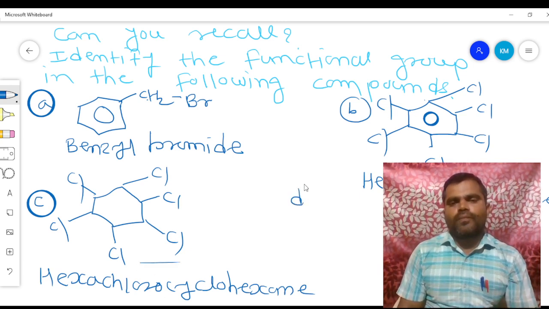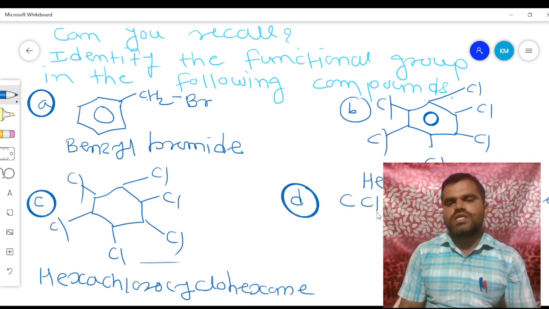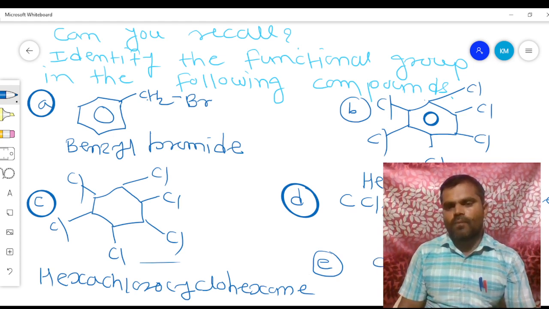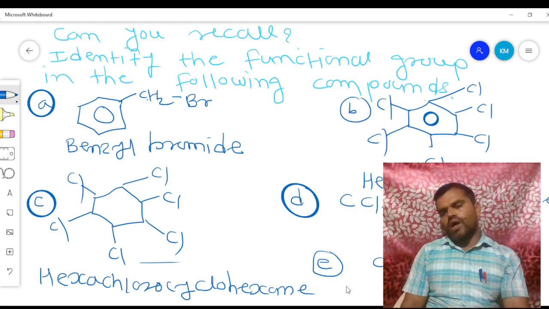Then the next compound is CCl2F2. The name is freon. What is the name? Freon. Then the final compound is Cl bond CH bond CCl2, that is 1,1,2-trichloroethene.